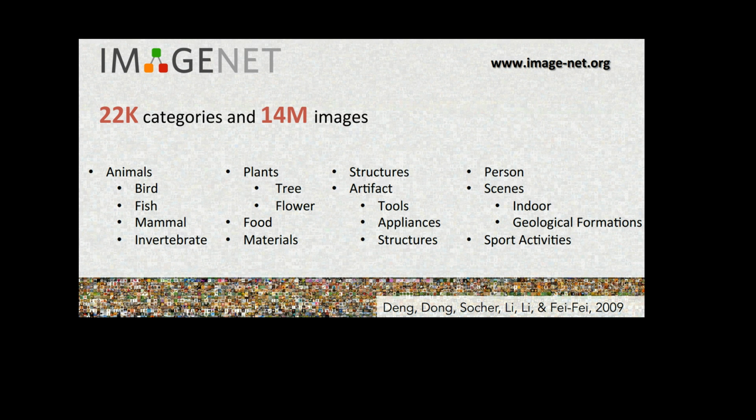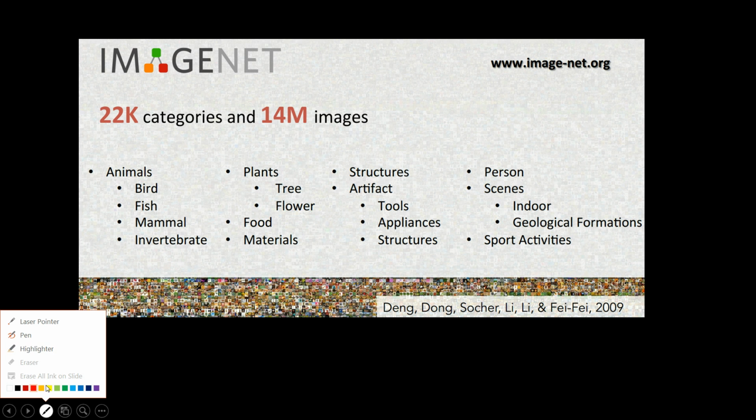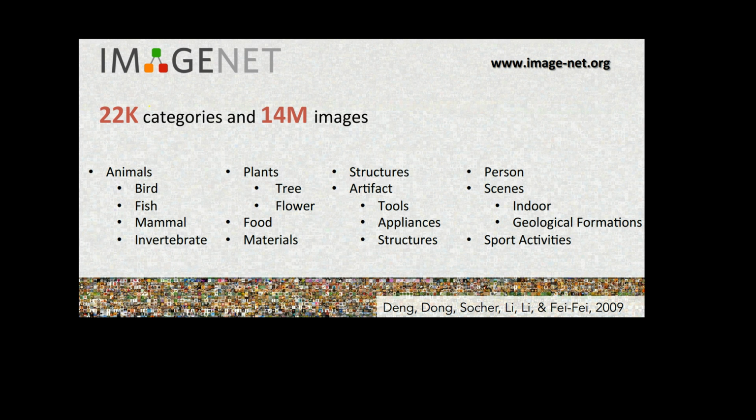Let me talk about ImageNet. ImageNet is a huge collection of images, provided by Stanford. There are 22,000 categories and 14 million images, including animals, plants, structures, and so on.